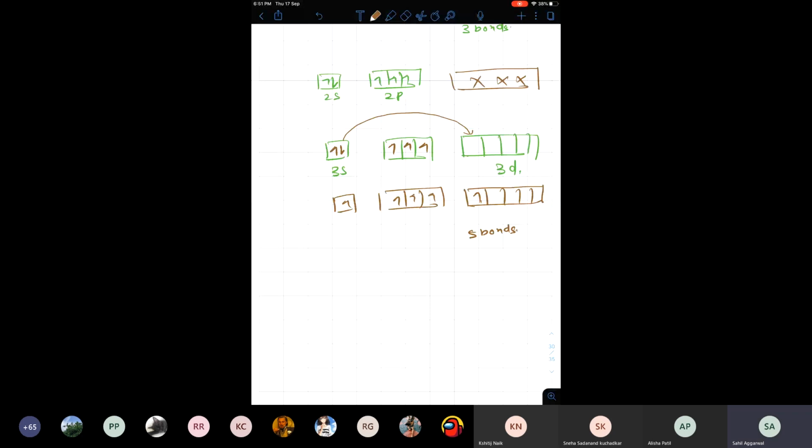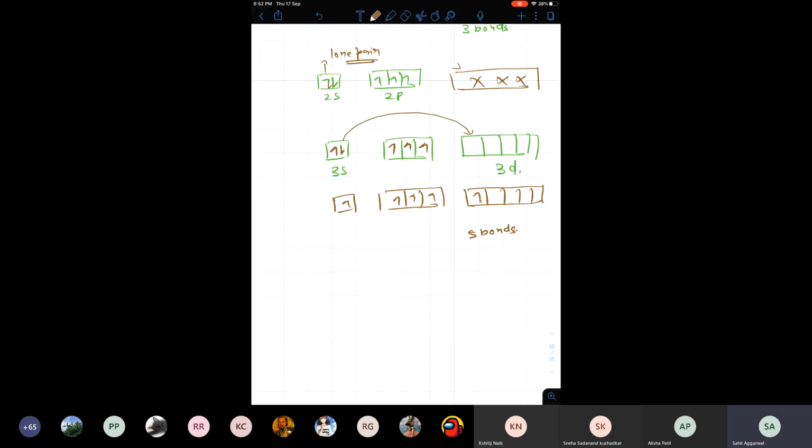So this electron cannot be excited. It can only be taken as lone pair and can form a coordinate bond. So we have 3 covalent bonds, 1 coordinate bond, overall 4 bonds.